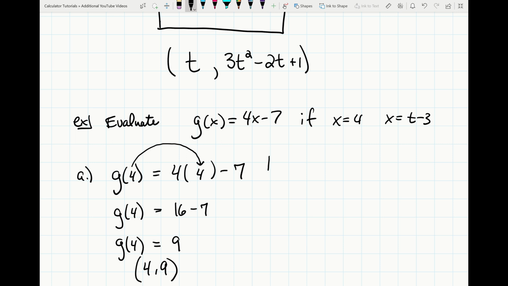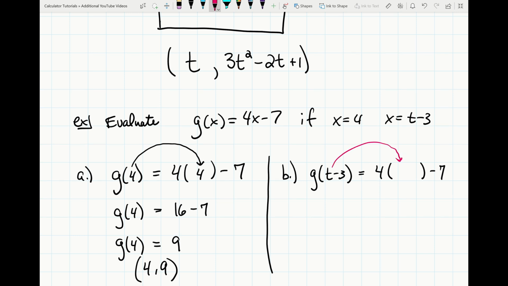For the next example, part B, I'm asking you to evaluate g of t minus 3. But once again, we approach this the same exact way. We put parentheses where the variable is. Then we make our substitution. And then all we have to do is simplify.